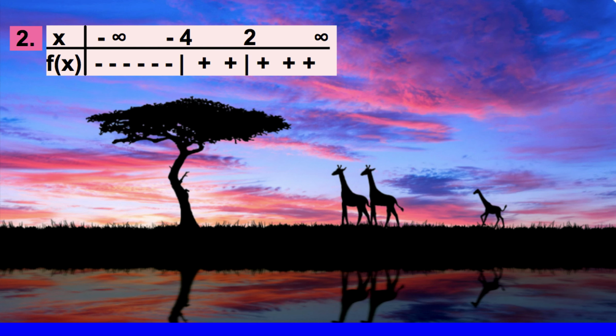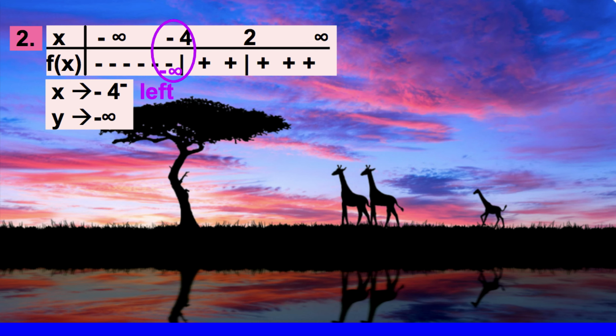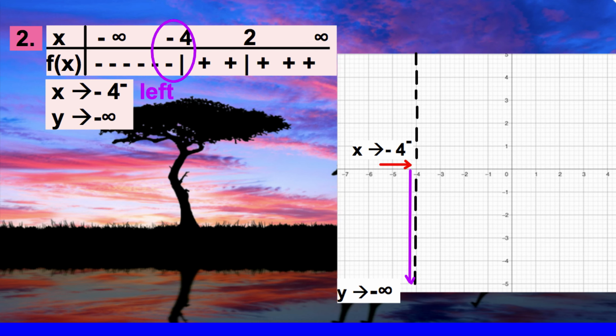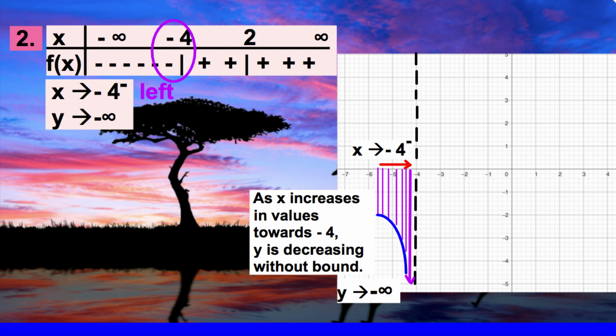Question 2. The table of values and signs is given. As x approaches negative 4 from the left, y approaches negative infinity. As x increases in values towards negative 4, y is decreasing without bound.